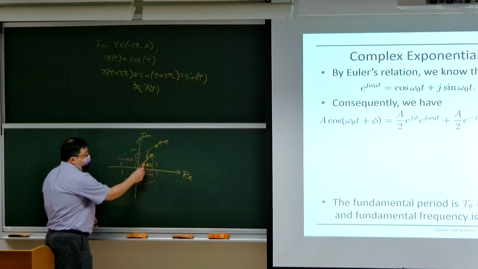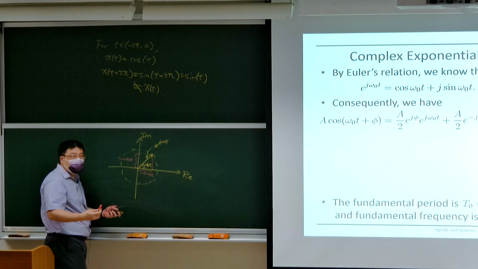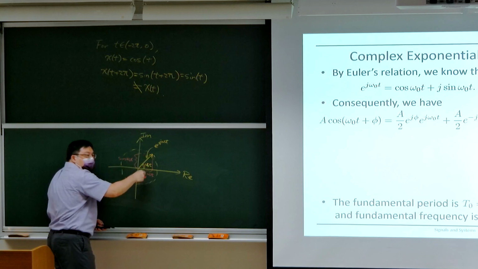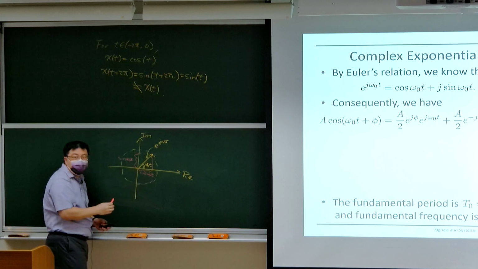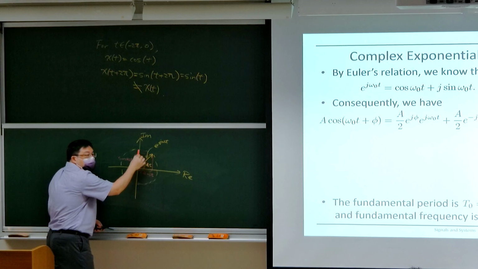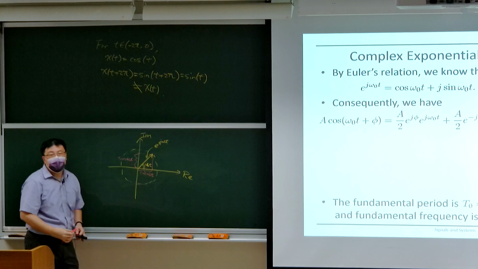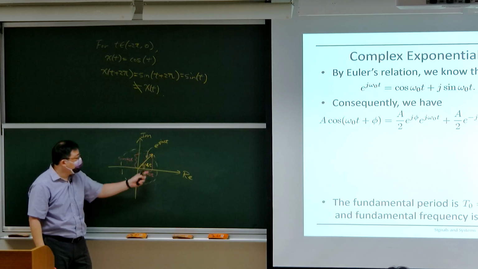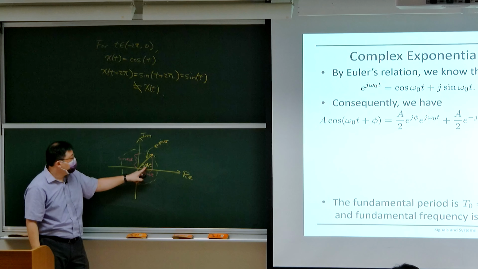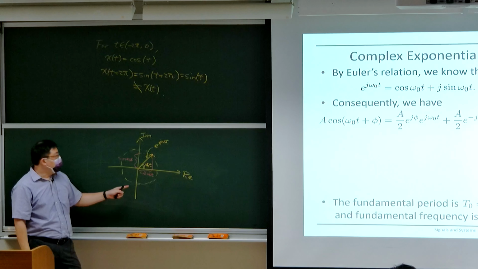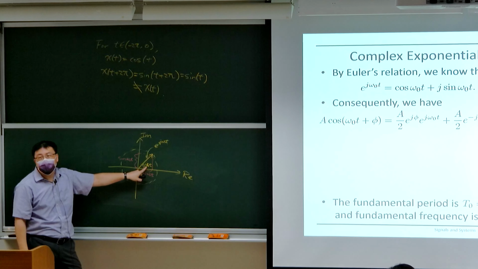Now, if omega naught is larger, then this goes around faster. If omega naught is smaller, then it goes around slower over time. So with a higher frequency, you rotate faster; with a lower frequency, you rotate slower. Later on, we will also encounter negative frequencies.